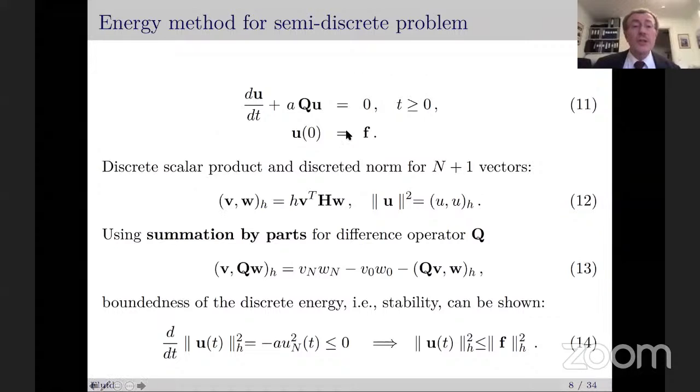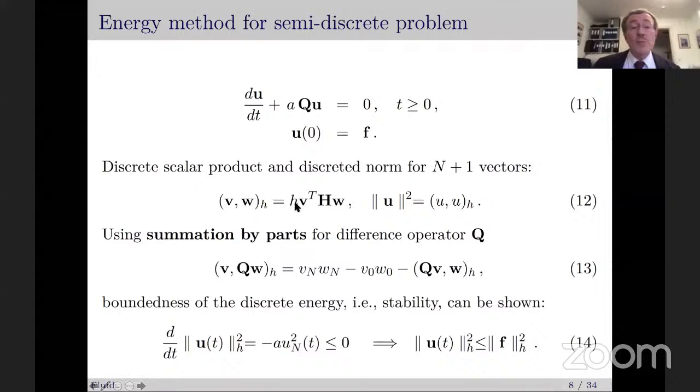We have the initial condition f, and now we need also to define a discrete scalar product. That is done here by having two n plus 1 vectors v and w, and it is denoted by this subscript h, the grid spacing.